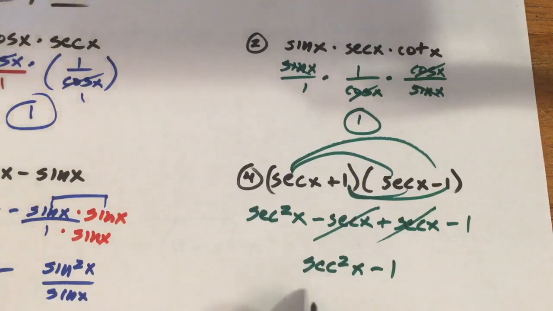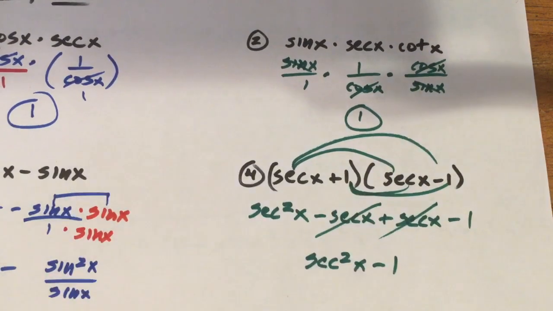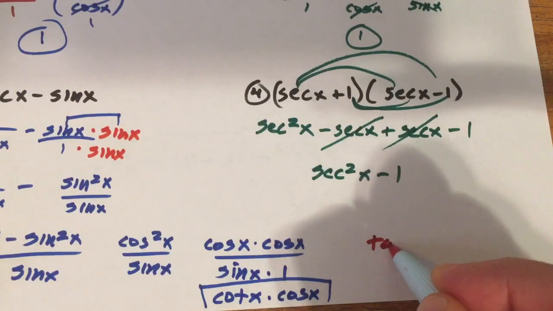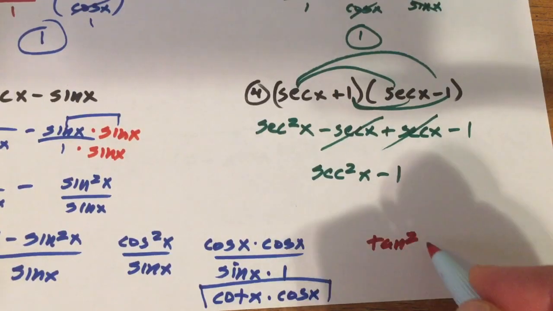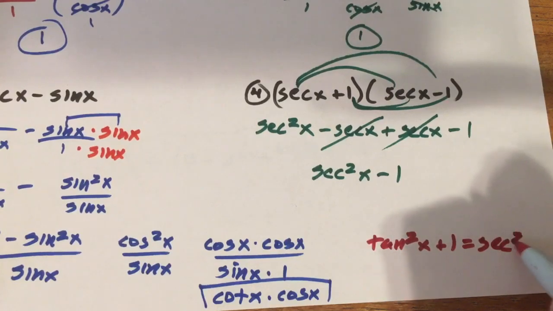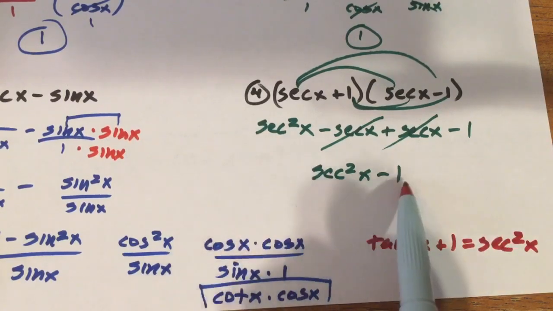Now, is there something else that we can do? Well, let's think about an identity that involves both the number 1 and a secant squared. And the identity from our purple formula sheet looks like this. Tan squared plus 1 equals secant squared. Now, let's make the right side here exactly this.